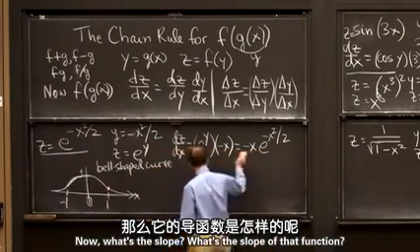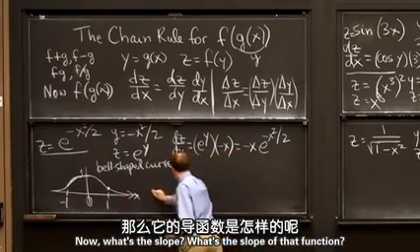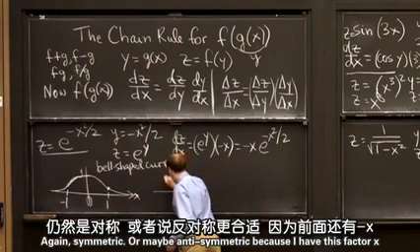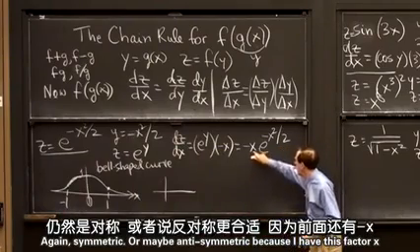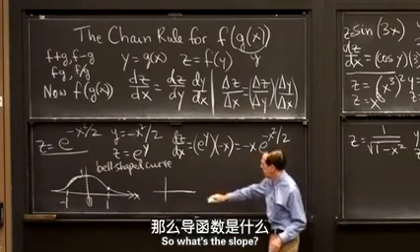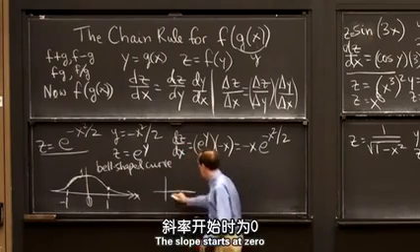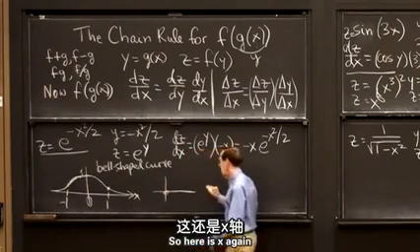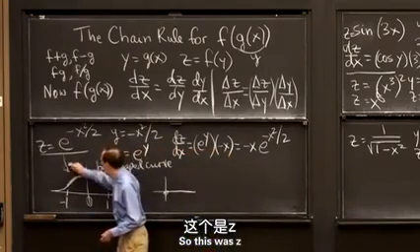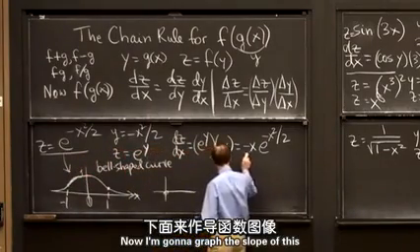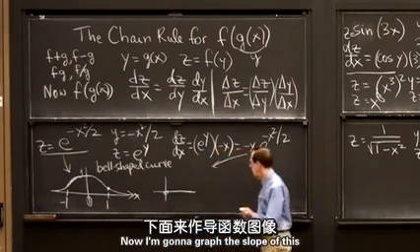Okay, now what's the slope of that function? Again, symmetric, or maybe anti-symmetric, because I have this factor x. So what's the slope? The slope starts at 0. So here's x again. I'm graphing now the slope. So this was z. Now I'm going to graph the slope of this.